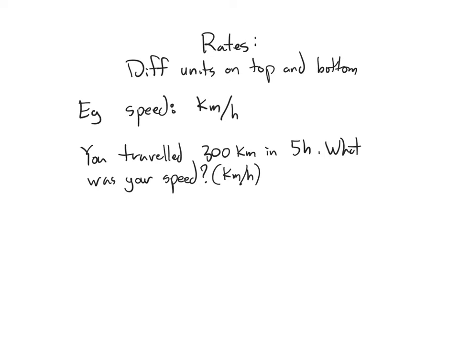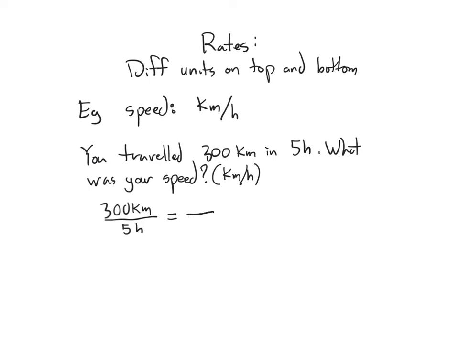So we have just a small problem here. We traveled 300 kilometers in 5 hours. What is our speed in kilometers per 1 hour? So let's go ahead. We have our rate, 300 kilometers over 5 hours. And what they want us to do is come up with an equivalent rate per 1 hour.